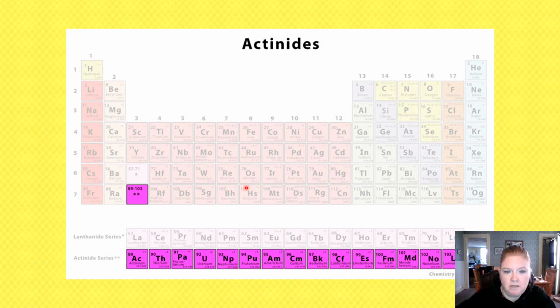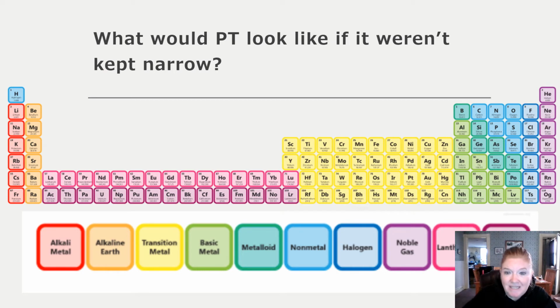So let's look here. So see, starting right here, the actinides, okay, again, found in this F block below the periodic table, but beginning here with actinium. So if we didn't cut that out, if we didn't make it a bottom block, this is what the periodic table would look like. So we see how it's stretched out longer. Everything that's written in there would get smaller.